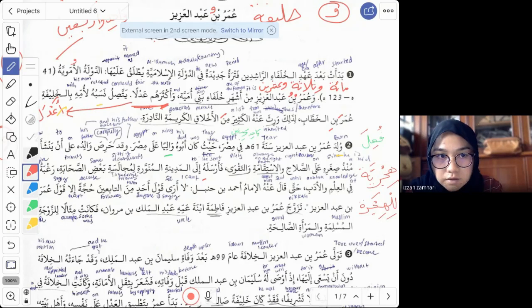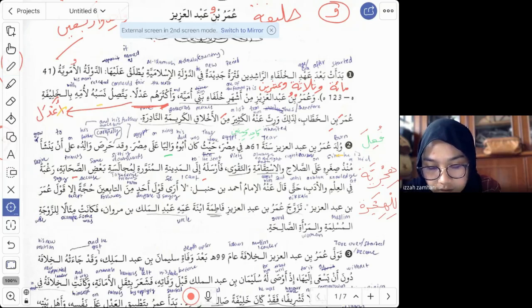So the general meaning of this sentence is his father sent him to Madinah al-Munawwarah to learn from some of the Sahaba.